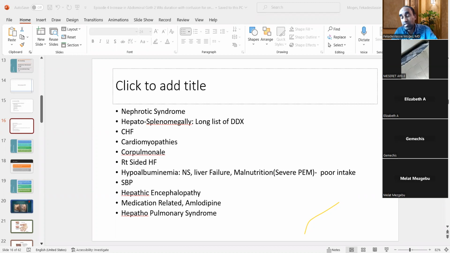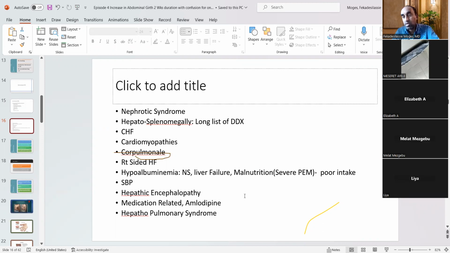If it is portal hypertension, actually, this test is not really specific. It's not sensitive. The flow would be away from the umbilicus, so it drains downward. Most of the time, if it drains downstream, then most probably it's related to portal hypertension, right?